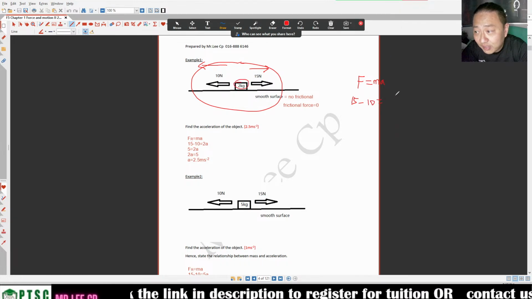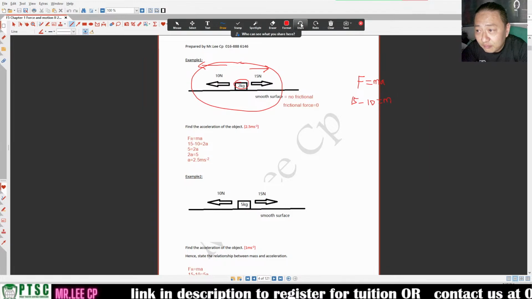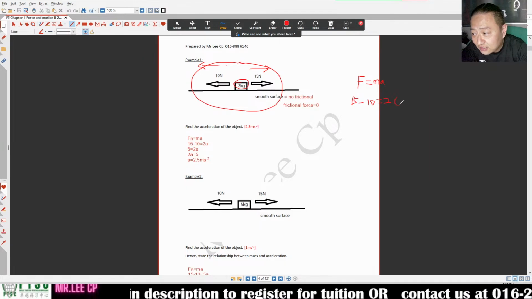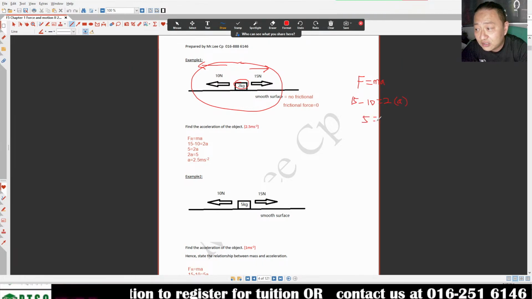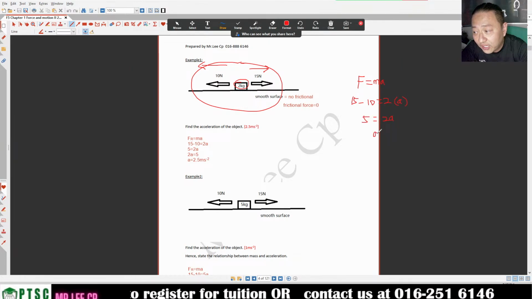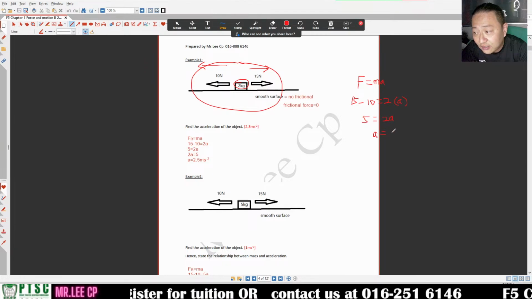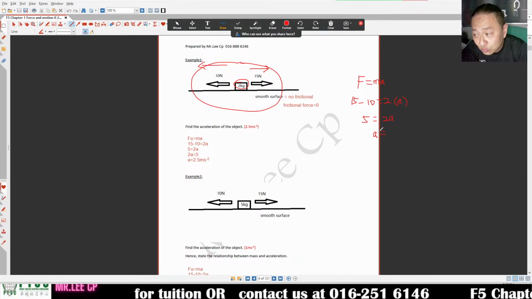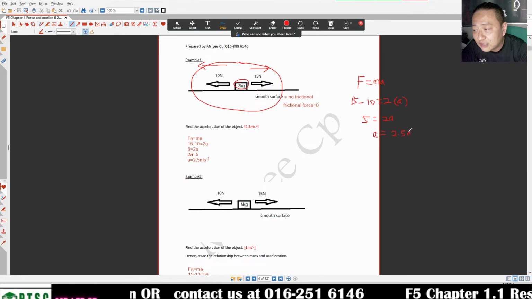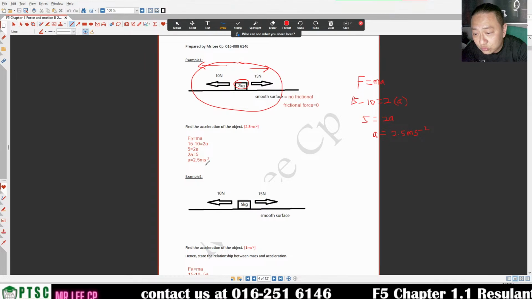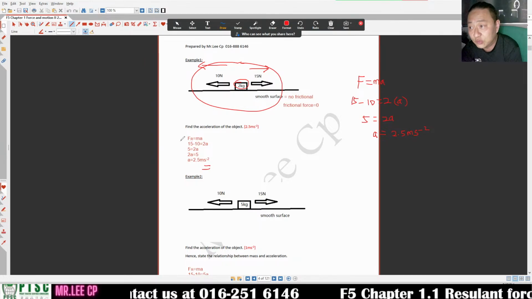M is mass, mass is 2 here, and acceleration I don't know. So we can calculate the acceleration. 5 is equal to 2a. So a is going to be 5 divided by 2, which is 2.5. The unit of acceleration is ms minus 2.